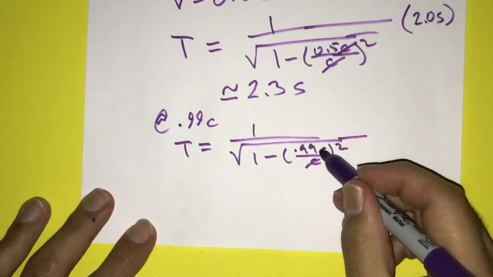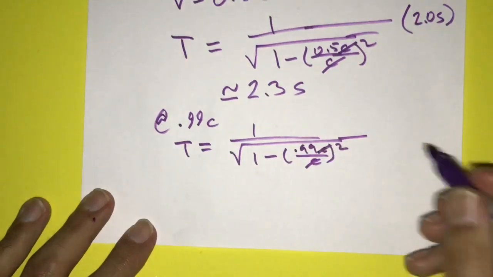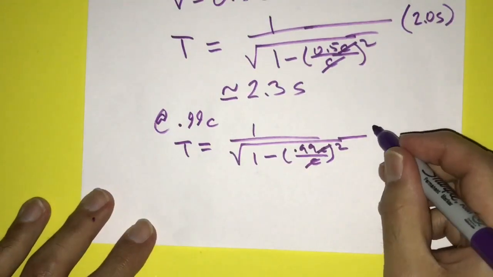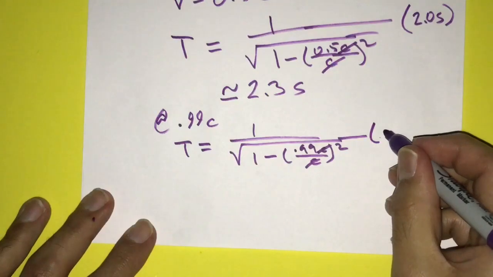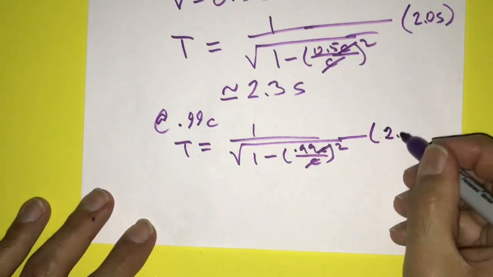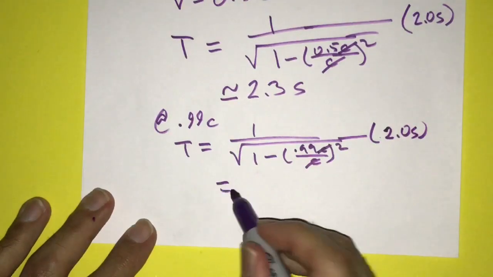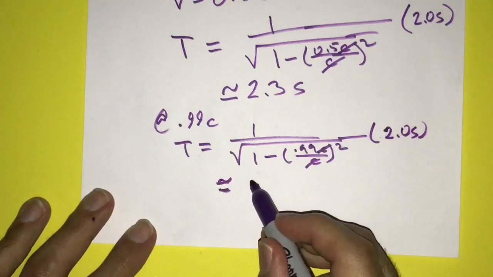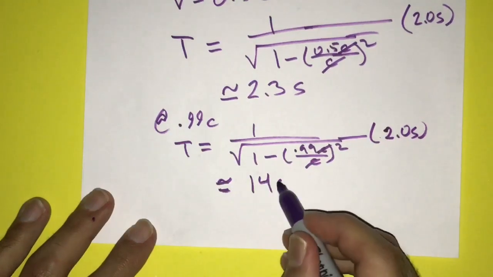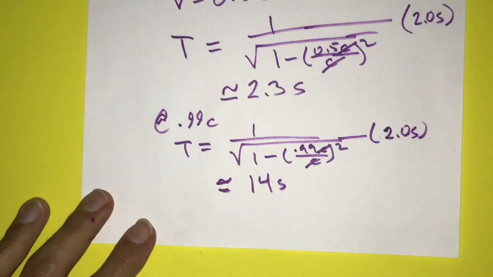And here the speed of light cancels. So now we should measure this to be approximately about 14 seconds.